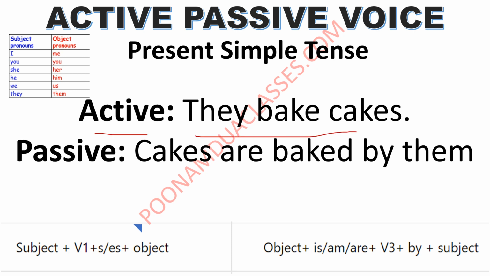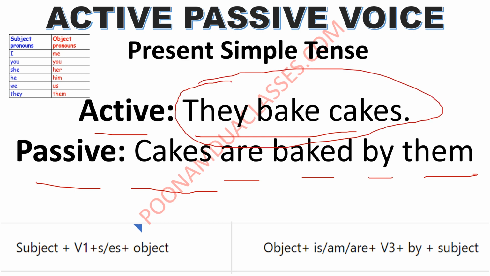Active is they bake cakes. Passive will become cakes are baked by them. Let us have a look at the structure. They bake cakes, subject plus first form of verb plus object, and in the passive sentence this object becomes the subject.